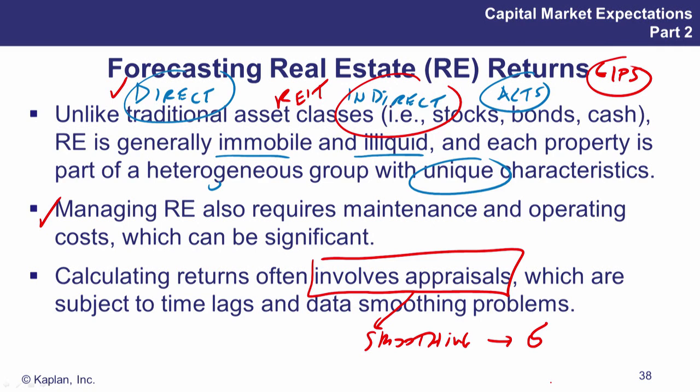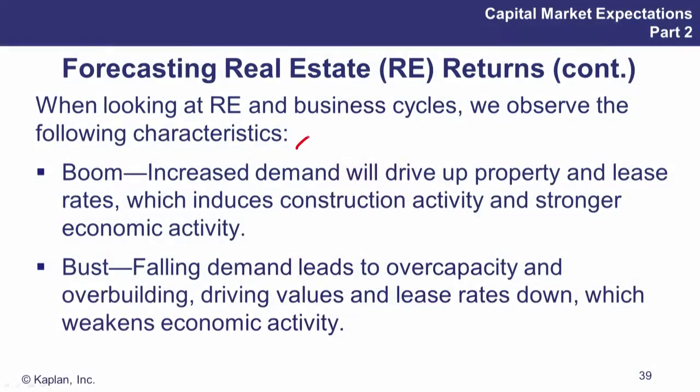When the market's rising, the values go up too slowly. When the market's falling, the values go down too slowly as well. So overall, we're very impacted by the economic and business cycle. We've seen quite a lot of this in many of the other asset classes as well.